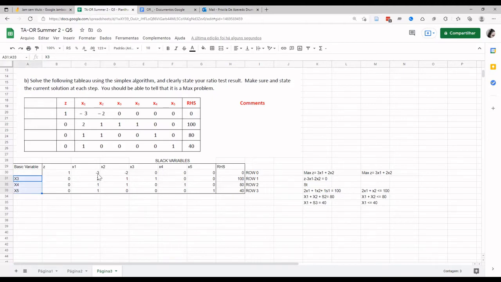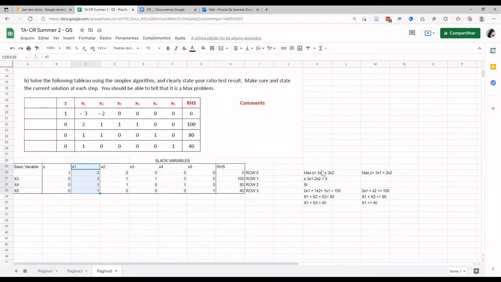And how do I see this? I look for the one that has the most negative value, the greatest negative value. In this case, it's going to be x1, because since it's the first tableau, it is easy to see in the original problem that an increase in x1 will increase my z 3 times, and increasing x2 is just going to multiply by 2 anything that I add to x2.